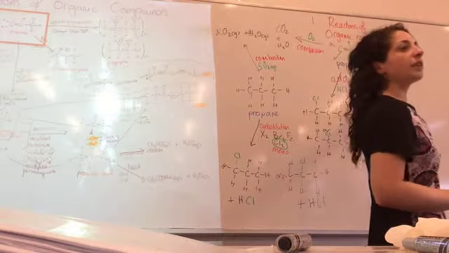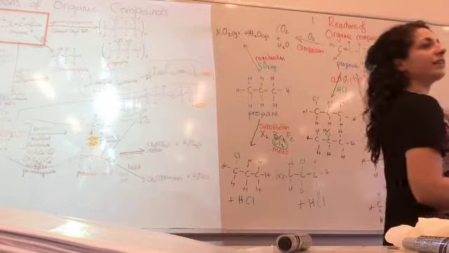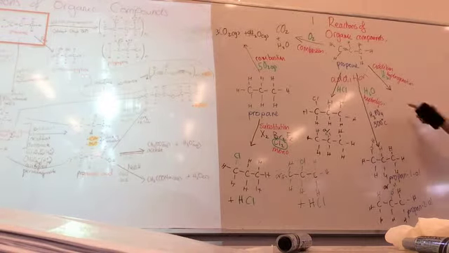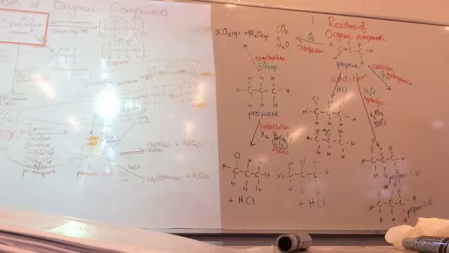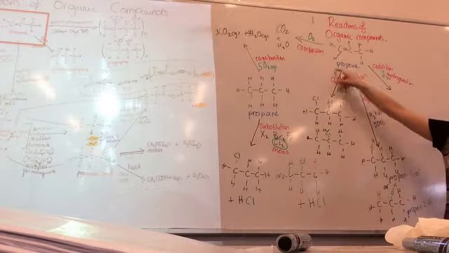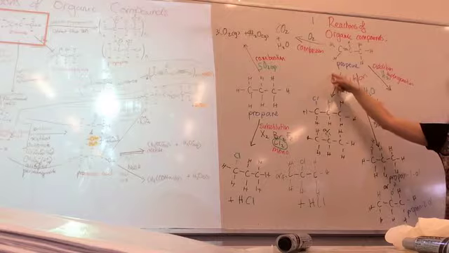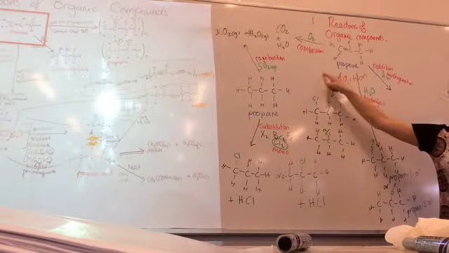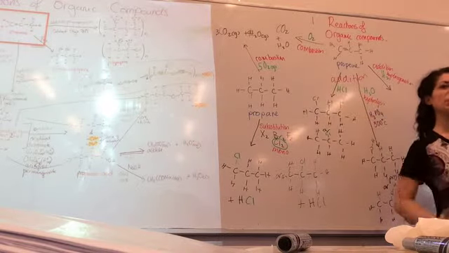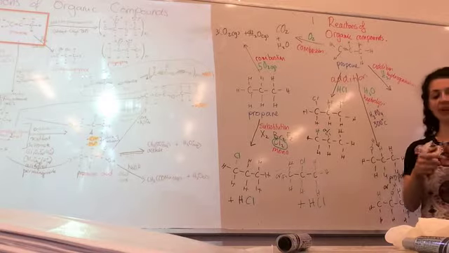Oh, hang on, guys. Have you written that? It's just an easier way that you could do it. You can do it over here, but what does propene turn into when we add H2? So you could just do an arrow pointing to the propane, linking it in with that.